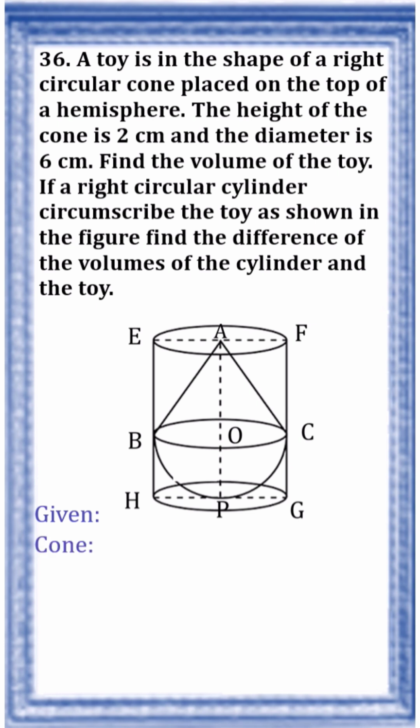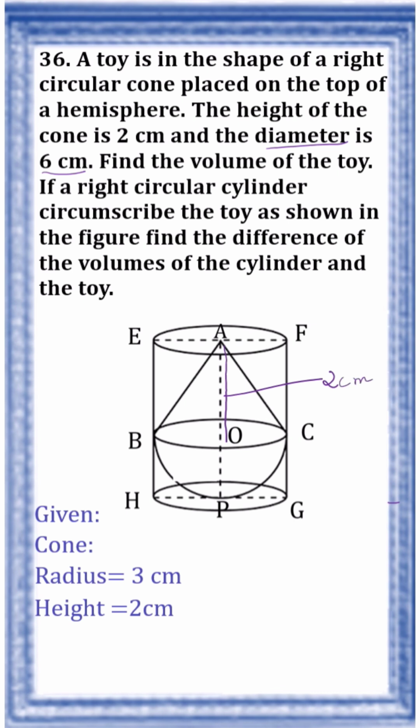For the cone, diameter is given, isn't it? That is 6 cm. So radius is equal to 3 cm, 6 by 2. And height of the cone, that is 2 cm. From here to here, 2 cm. And we are also given for the hemisphere, radius 3 cm only, because the cone and the hemisphere share the same radii.